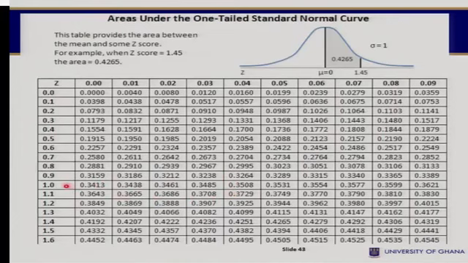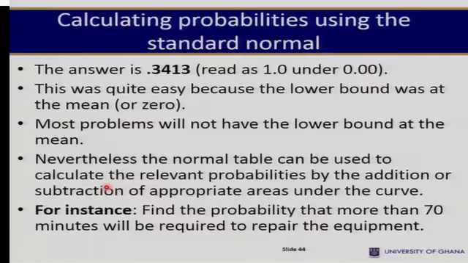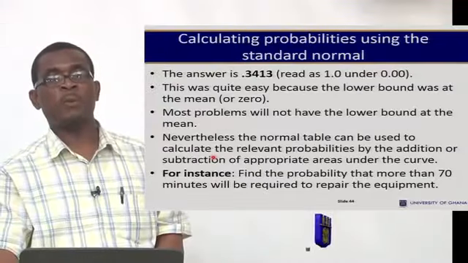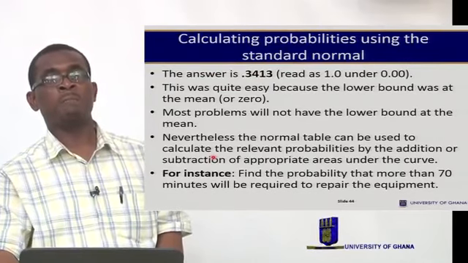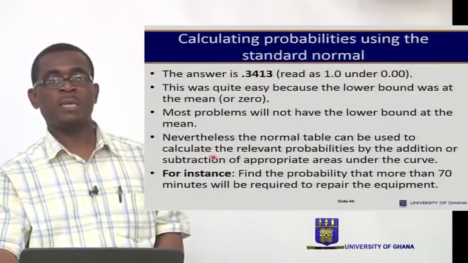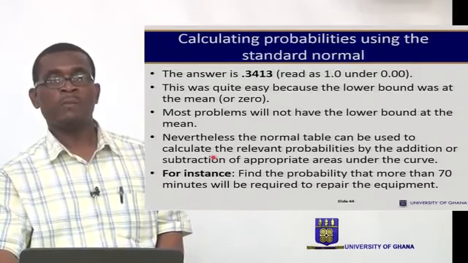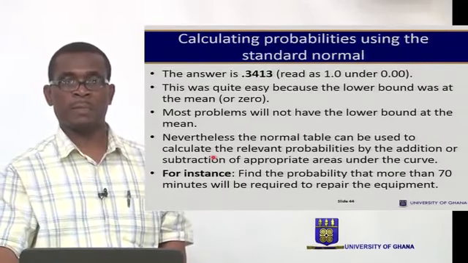So you just come here and read 1.0 and 00. That's the intersection here. What do you see there? It is 0.3413. So the probability that the equipment repair time is between 50 and 60 minutes is 0.3413. It's as simple as that.